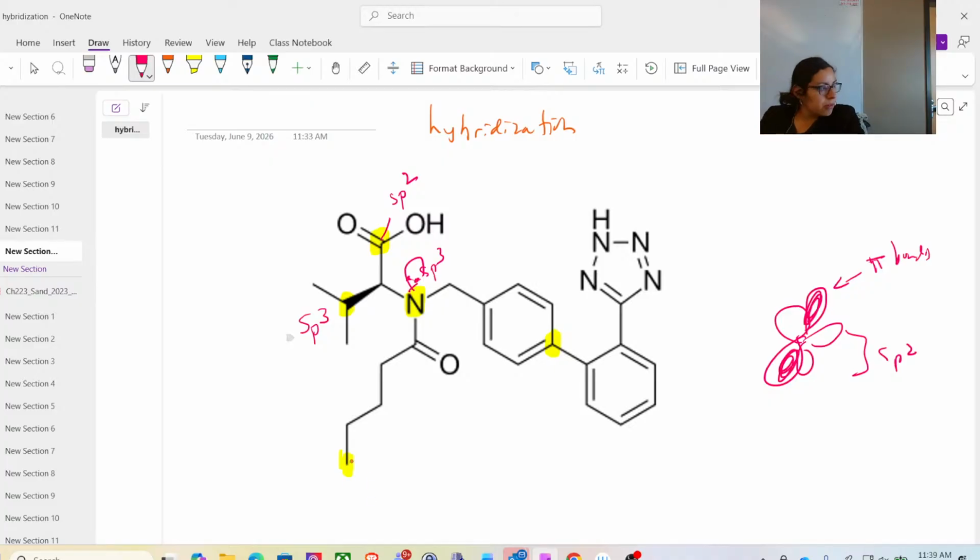What about this one? So SP3, and then this carbon on our aromatic. SP2, good.